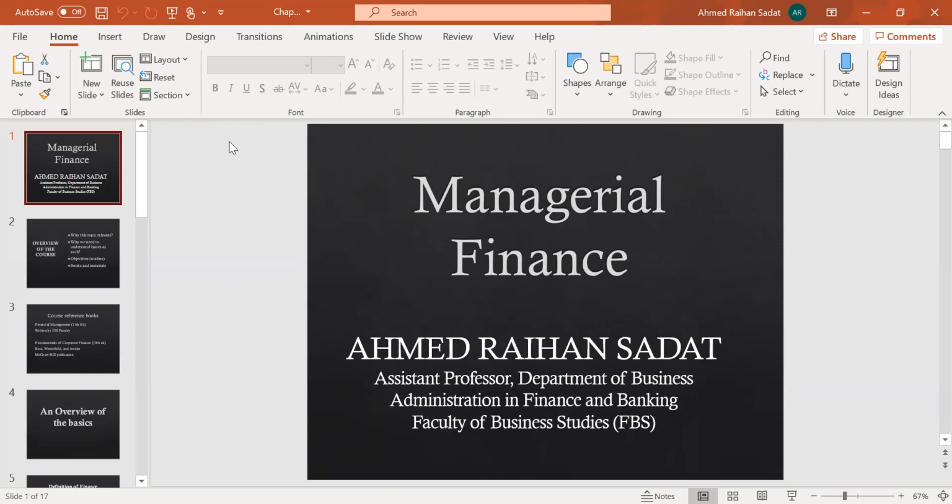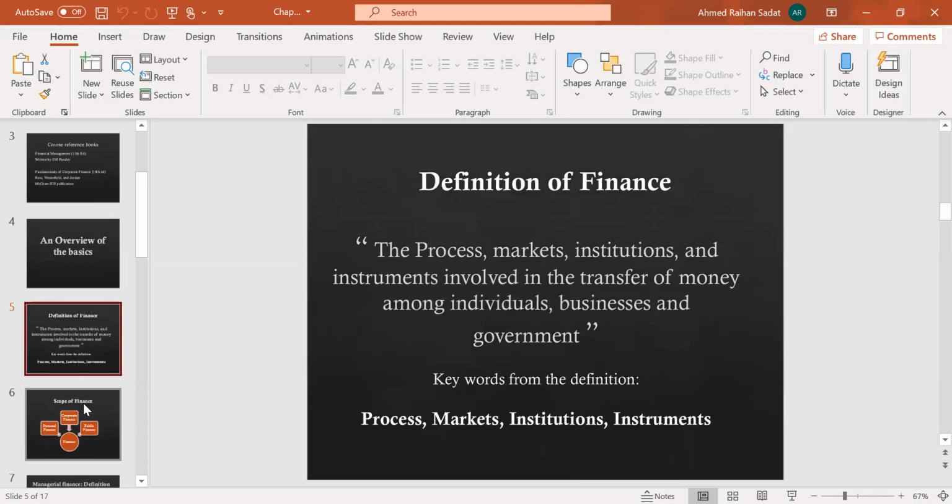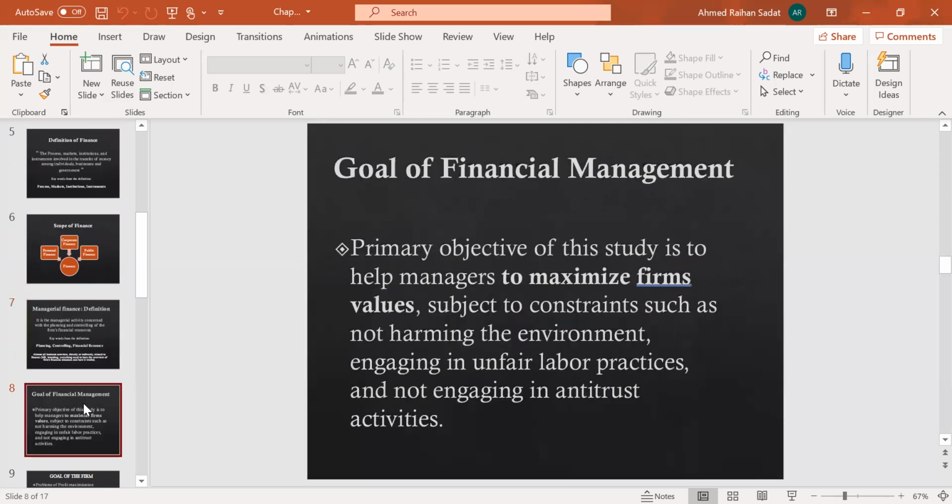Anyways, we started this chapter. We started the course and talked about the course outline. We talked about the basic overview, like the definition of finance and scope, and then the definition of managerial finance. The main topic starts with the goal of financial management, which is to maximize wealth and not to maximize profit, because of the certain problems that we have when we consider profit maximization as our ultimate goal.